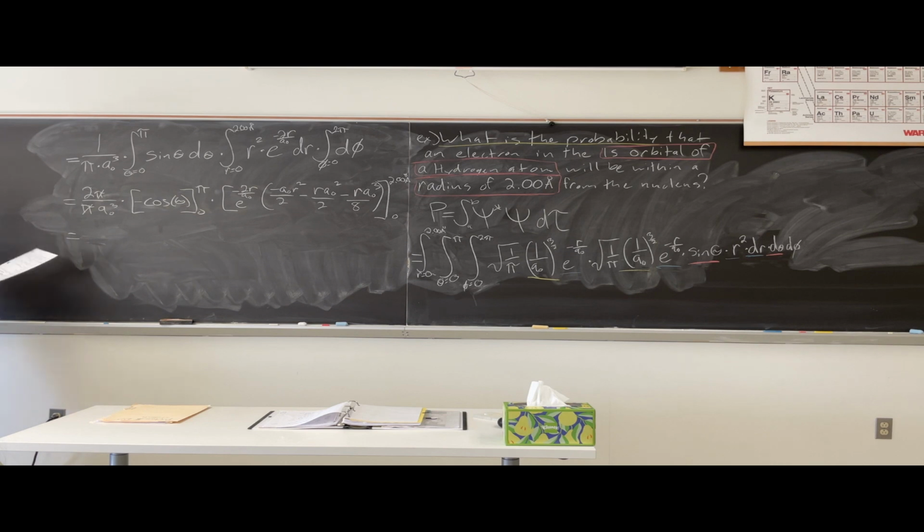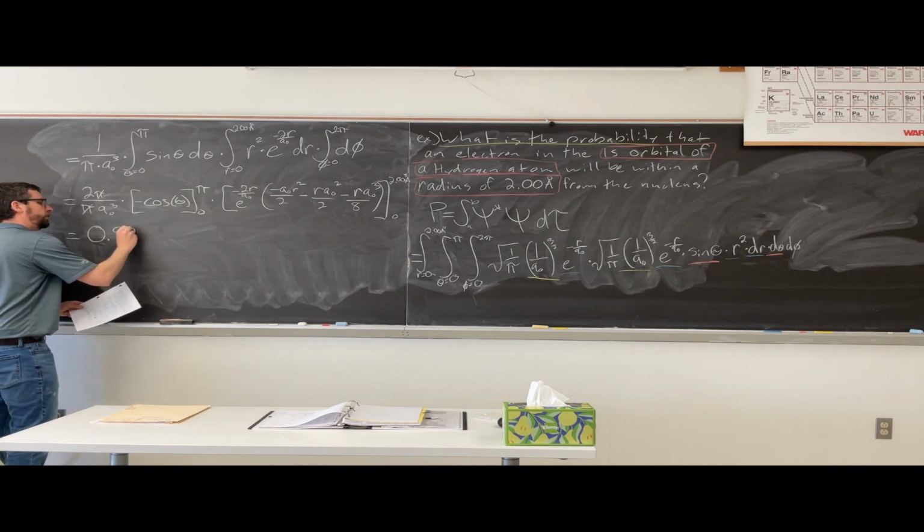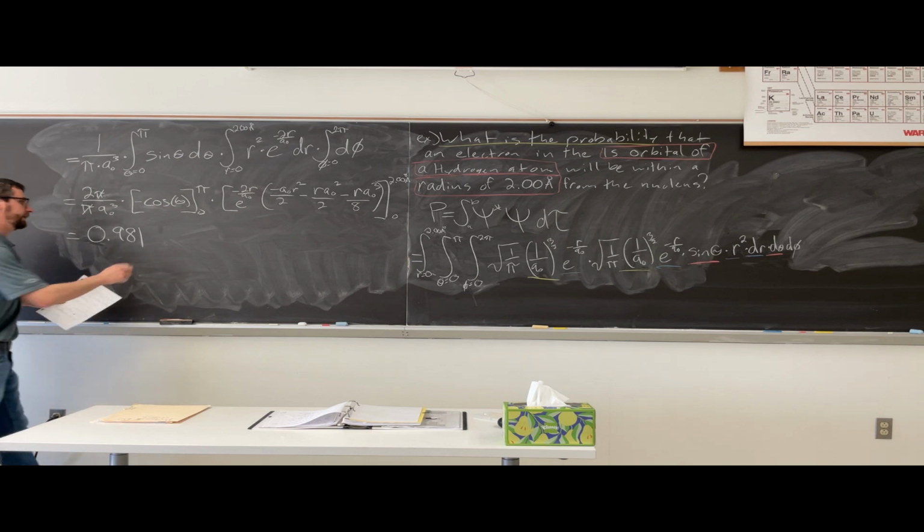When you evaluate everything in the end, you get 0.981. What does that 0.981 mean? Yeah, 98% chance of finding it within that range.